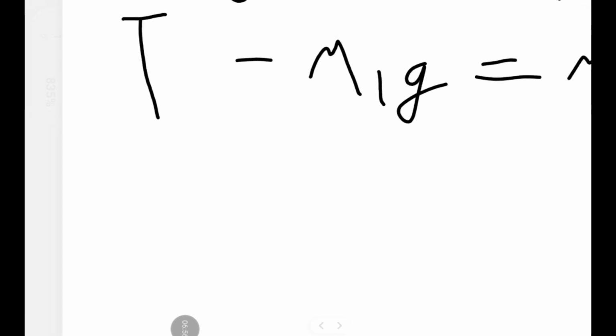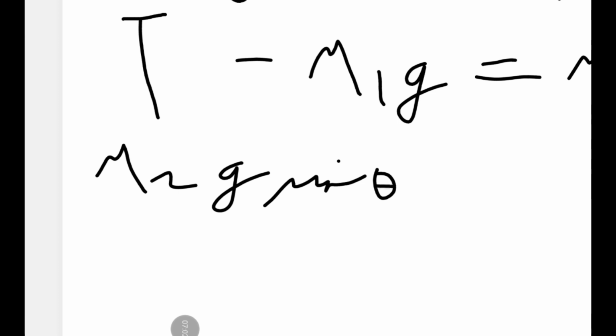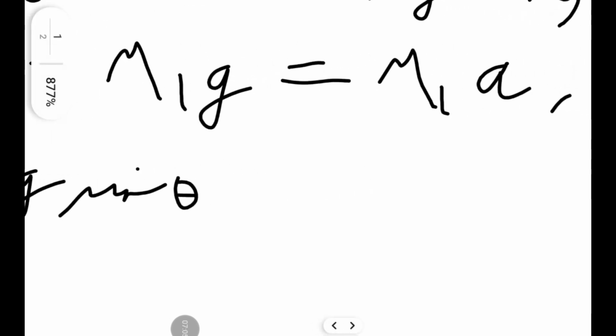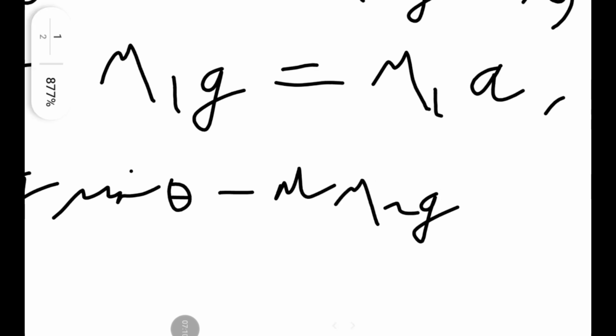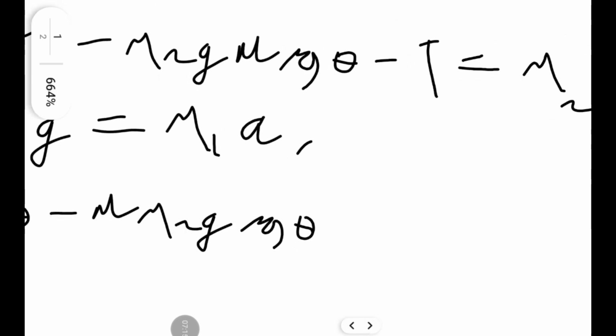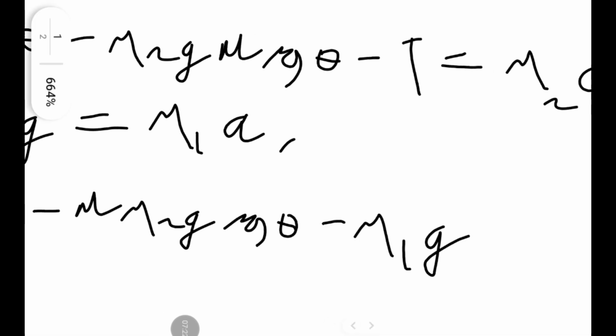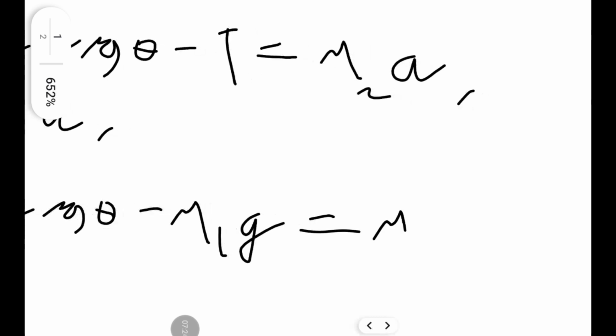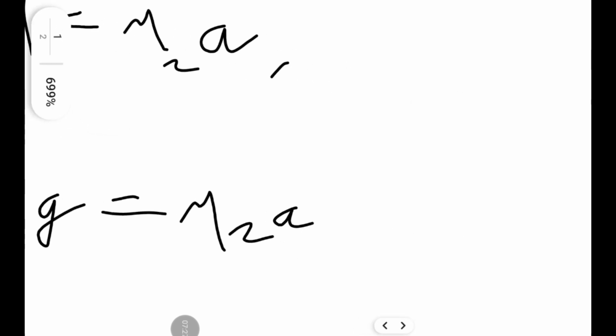So we go m2g sine of theta minus mu m2g cosine of theta, and then we're adding the m1 part, which is minus m1g, and that's going to equal m2a plus m1a.